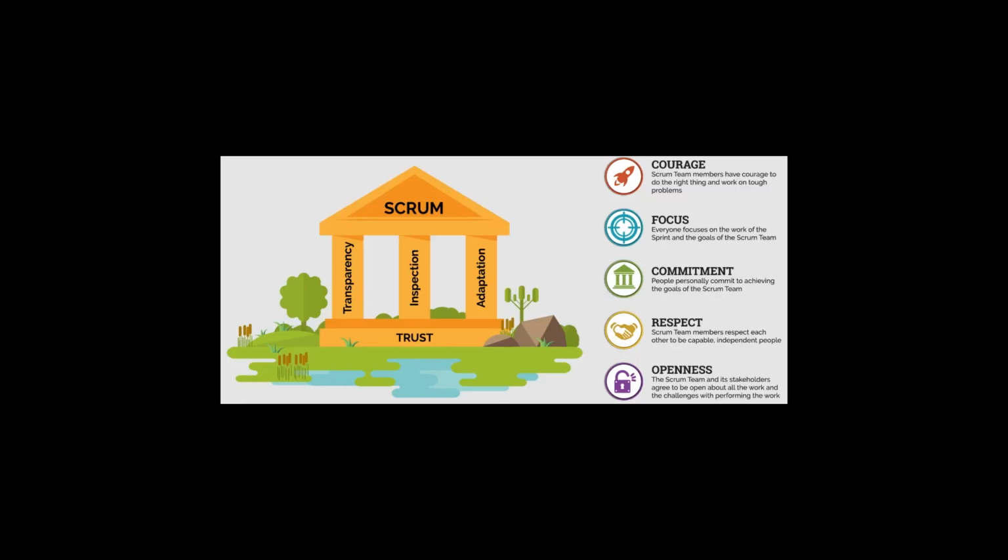The theory behind Scrum is based on the three pillars. First is transparency, second is inspection, third is adaptation.